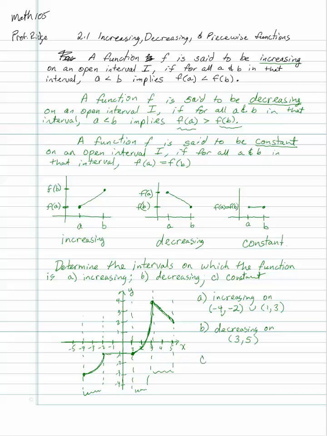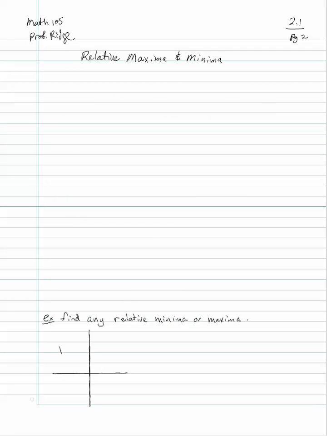And constant is not going up or down, just a horizontal line. And that would be this portion right here between -2 and 1. All right, so that's how you would answer those.